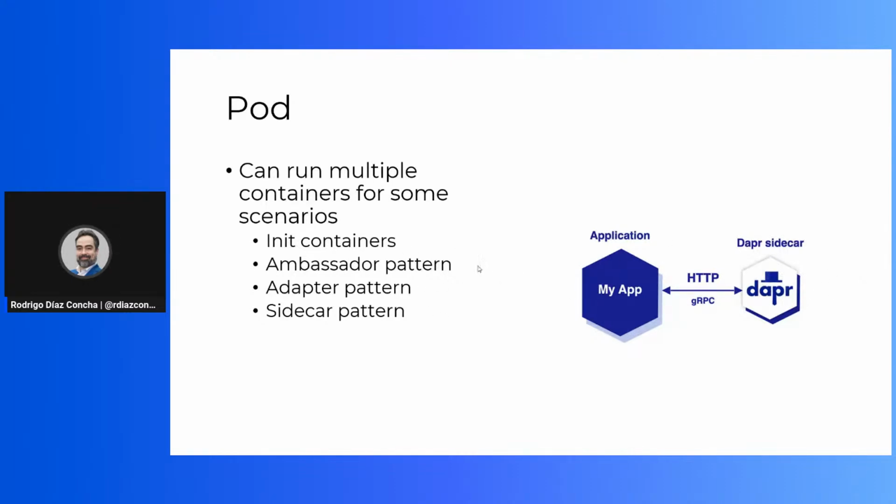And there are other design patterns that need more than one container in a single pod, such as init containers and the ambassador pattern, and also the adapter pattern. However, I wanted to mention Dapr because I think that's a great framework for creating distributed applications, such as microservices applications, okay?